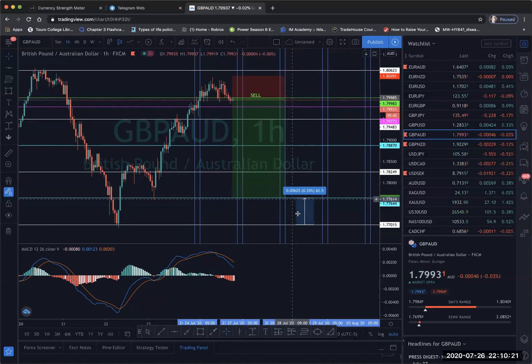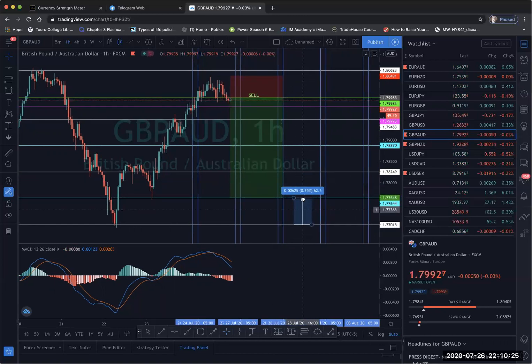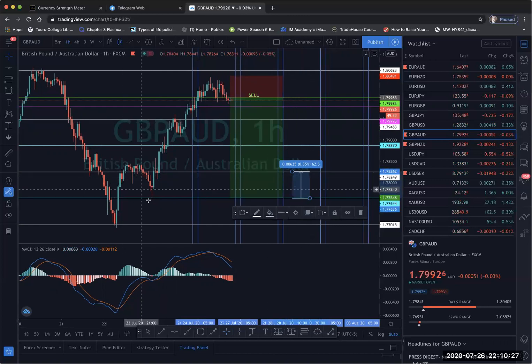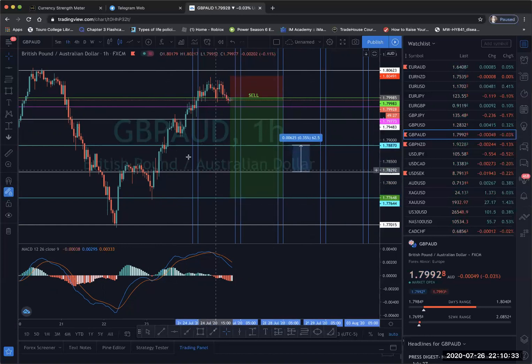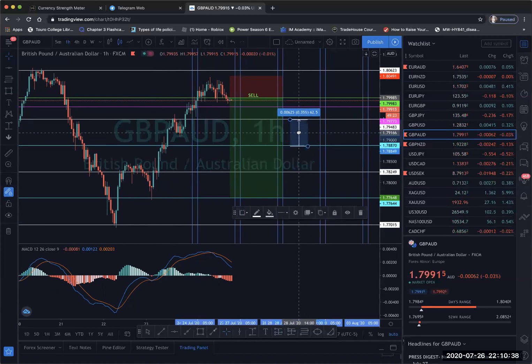From there to there, as you can see, point of structure. From here to here, point of structure. From here to here, point of structure. Same thing from here to here, point of structure. As you can see, it got rejected, came back down, played inside of the same point of structure, but it never broke through the previous point of structure.